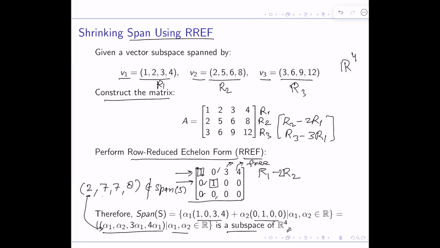The second tuple is anything, alpha 2 you can take arbitrarily from the real line, say 7. Now the third tuple says I am totally dependent on the first tuple and am exactly 3 times it. So 2 into 3, 6 should come, but we have written 7. So it does not belong to the span.